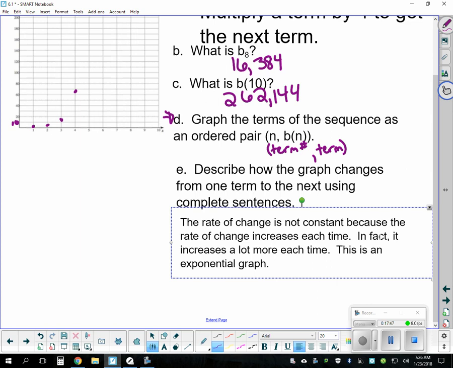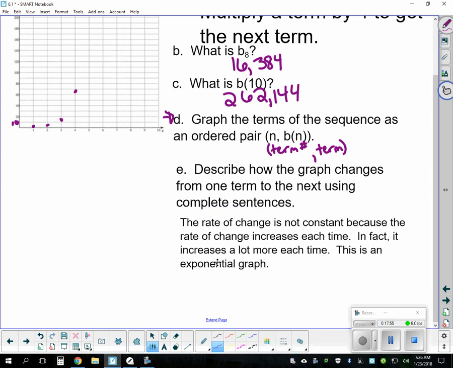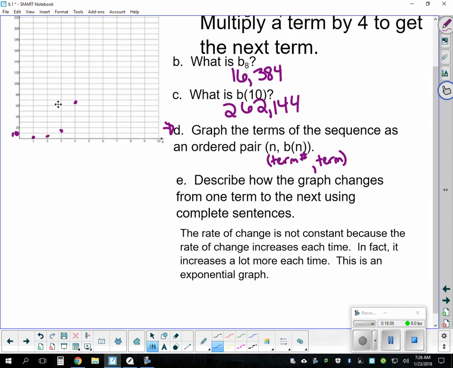You may or may not know the word exponential. We have not talked about it yet this year, but you might remember it from last year. So at this point, I definitely would not take off if you did not realize this was exponential, but we will get to the point where you will have to tell me that. Okay, so if you know it, great, put it down. If you don't come up with it on your own, that's okay. Okay, but an exponential just means that you are increasing by more each time.